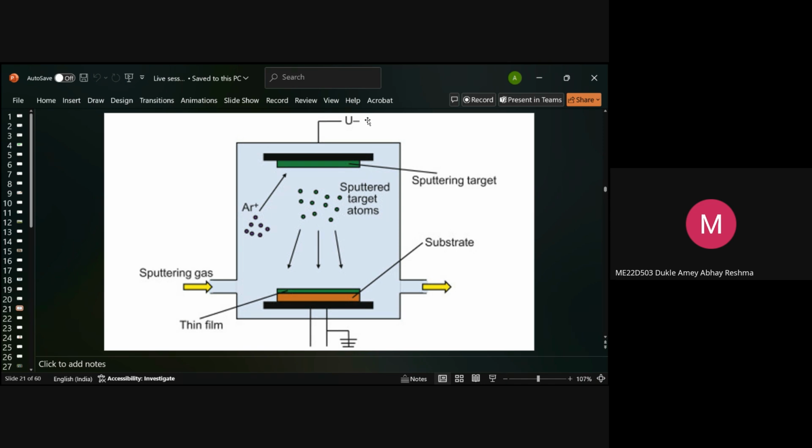The gold atoms will be ejected from the gold material in the sputter target. Because of the potential difference, you can see the U minus and U plus, the gold ions will go and hit the silicon wafer. That is how a thin film will be generated on the silicon wafer.